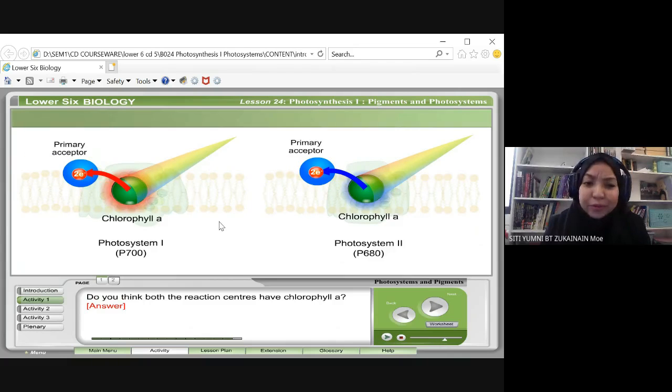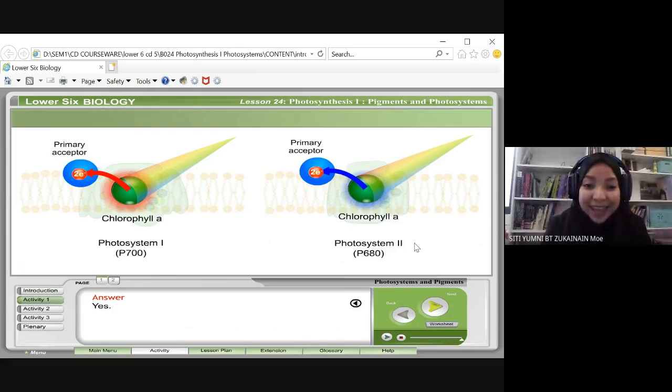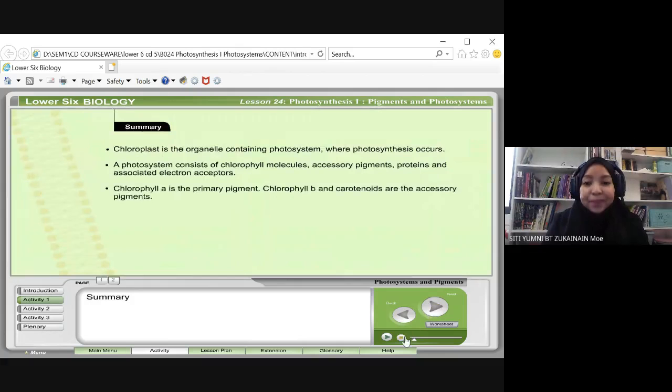Now, do you think both reaction centers have chlorophyll A? Of course, yes. Both reaction centers have chlorophyll A.